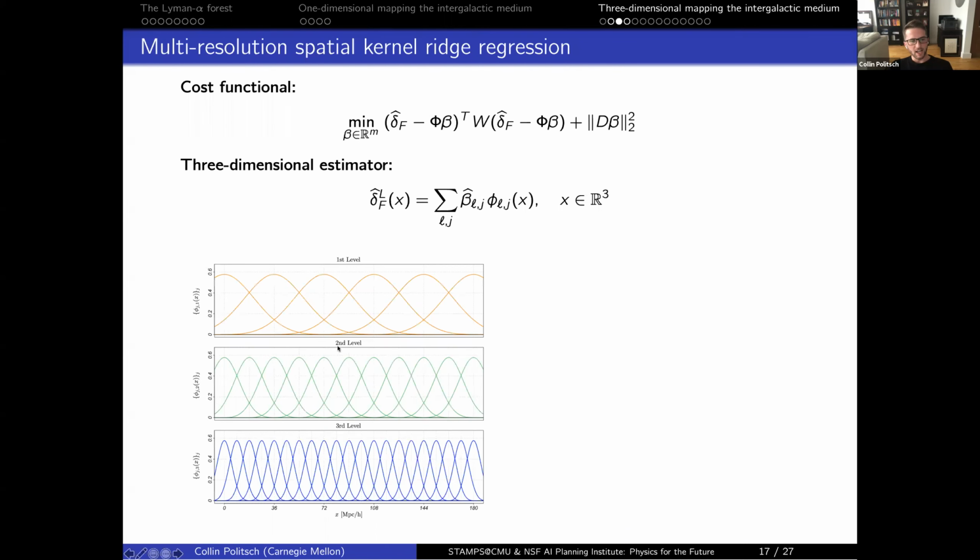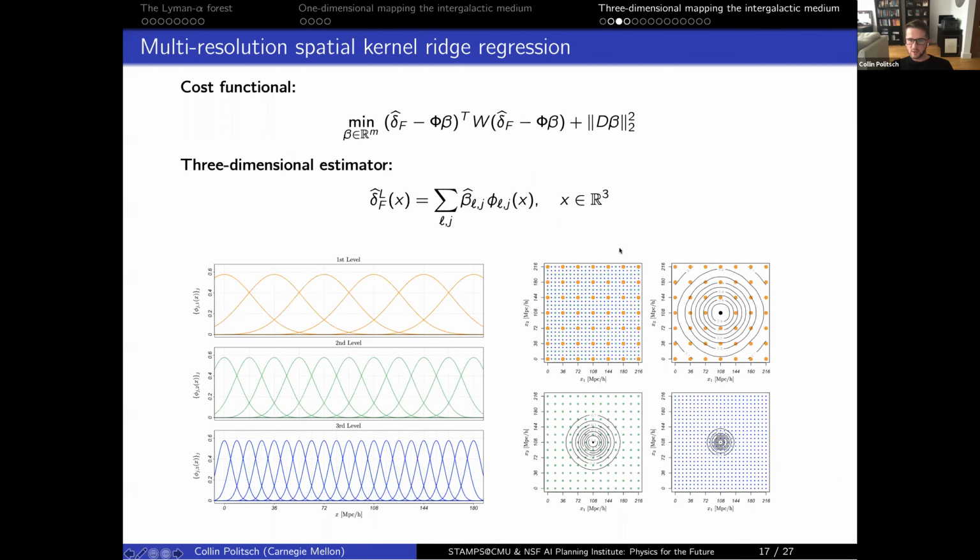But to give you some sort of idea here, here's an example of the multi-resolution basis that we utilize. This is a set of one-dimensional radial basis functions built up from Wendland polynomials. So here's an example of 3 radial basis functions built up dyadically. And then this spatial smoothness that arises from the spatial penalty matrix D. For this particular example, this is a one-dimensional example over here.